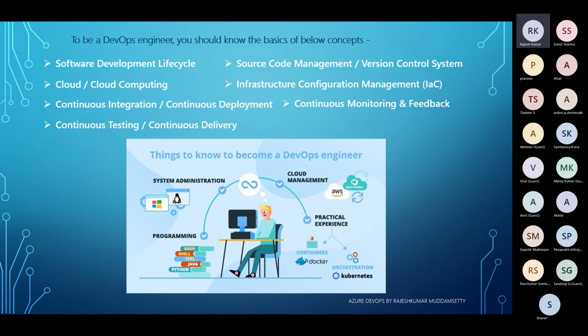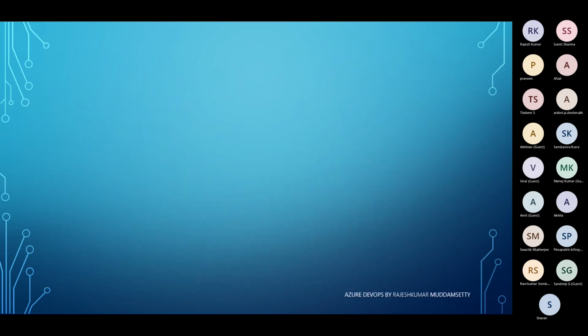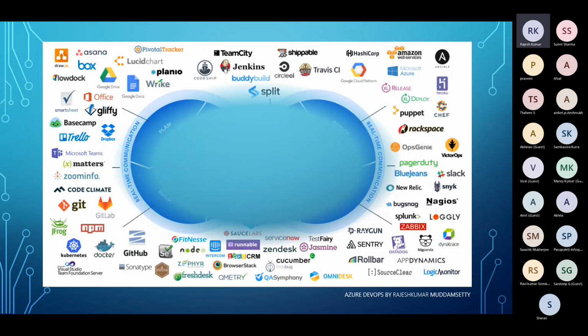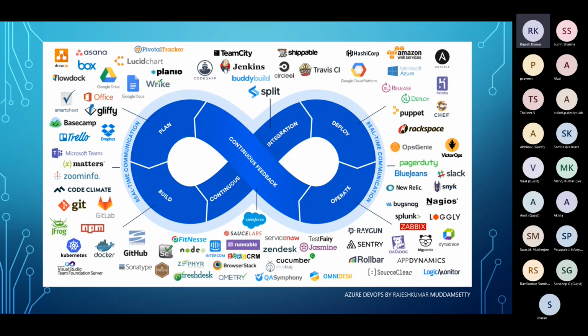So what are all the things that a DevOps engineer will use? These are the many tools that are available in the market for a DevOps engineer. You just name a tool, and I will tell you where it is. Ansible, Azure, Selenium, GitHub, Docker, Kubernetes.